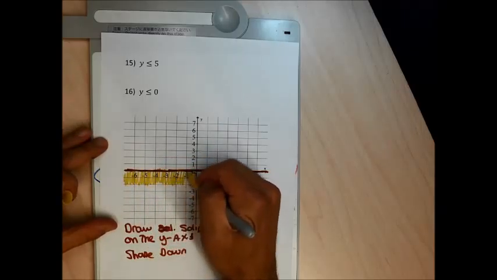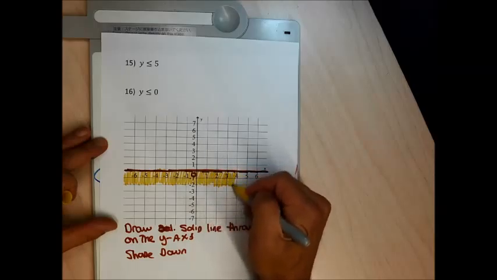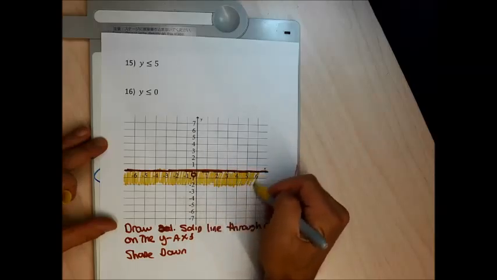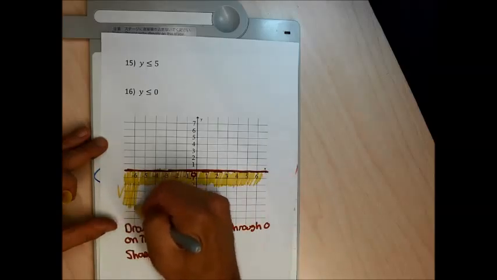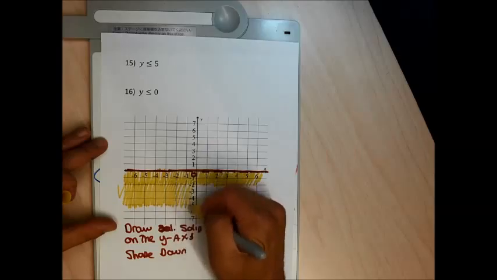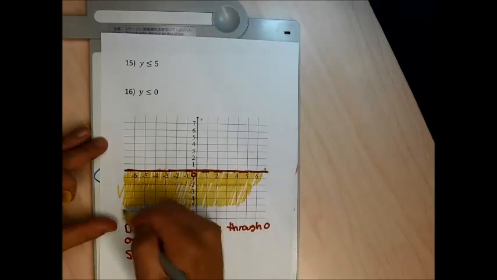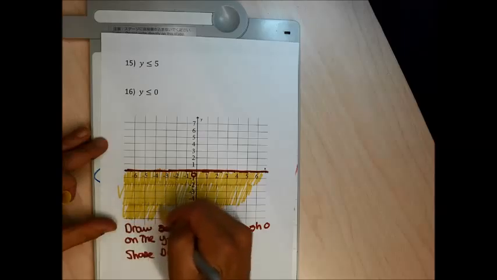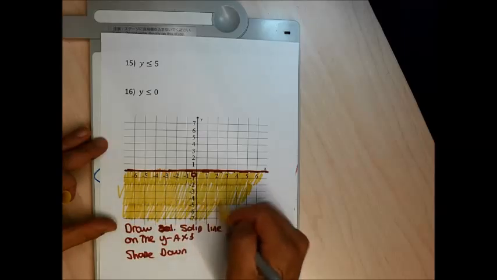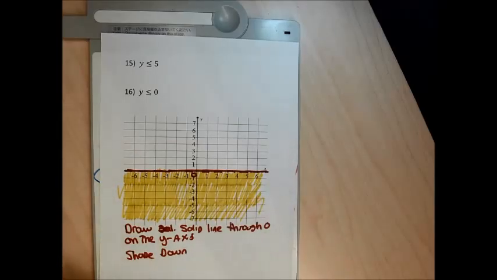Shouldn't really be crossing the line with my shading, but I would never take points off if your shading just barely flicks over the line every now and then. So for x-only lines and y-only lines, the shading is really pretty intuitive.